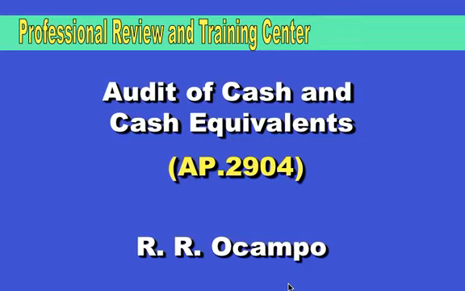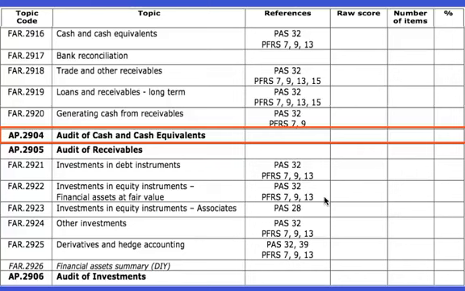Next topic, audit of cash and cash equivalents. Again, nandito na tayo sa round 2 for cash and receivables. Problem number 1.